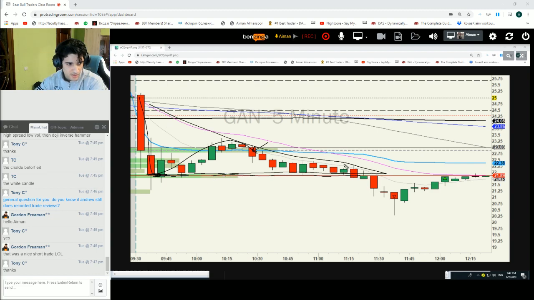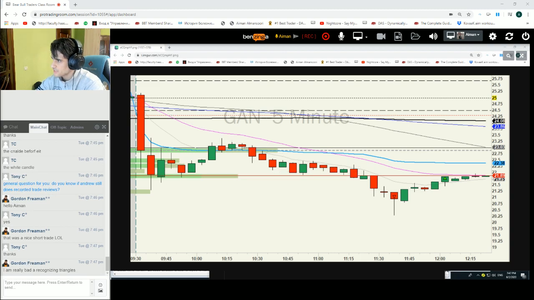The best entry on a descending triangle is to get in as close as possible to the resistance, which in this case is the 9 moving average in the 5-minute chart. You try to catch any entry right there with the stop loss at the previous high wave, or you get in right for the breakout. And I get in right for the breakout if the support is so clear.